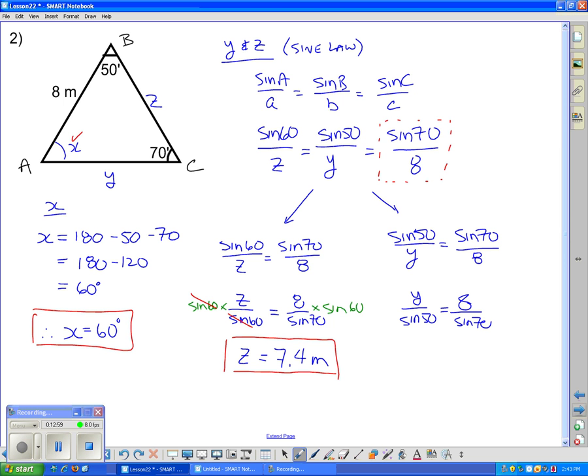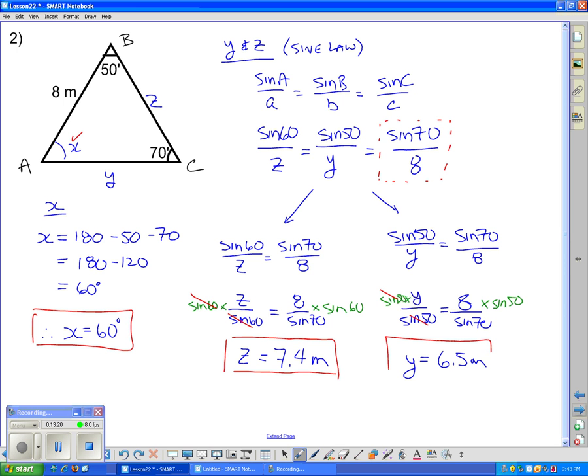I have to multiply both sides by sine 50 to isolate for Y. And I'll get Y equals 8 times sine 50 divided by sine 70, and I get 6.5 meters.